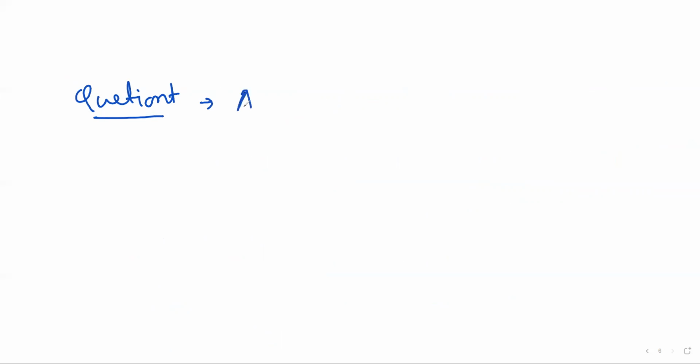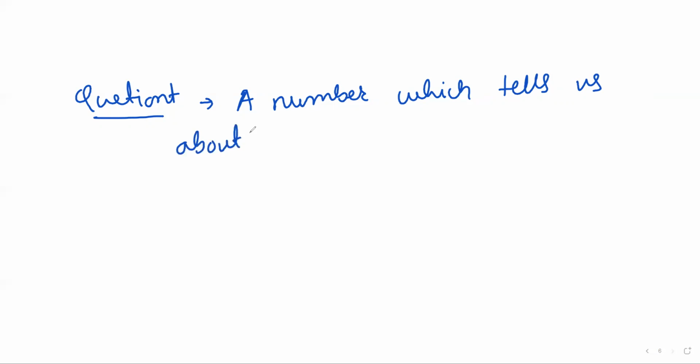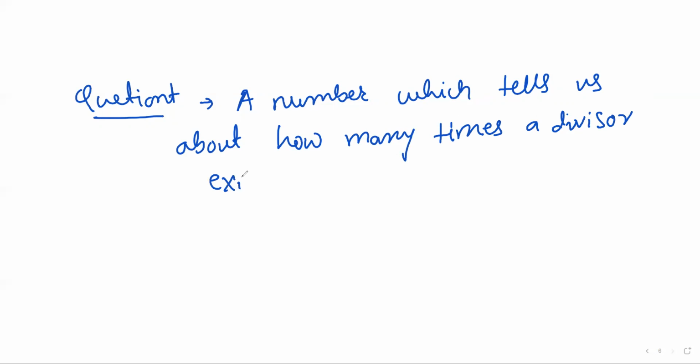Quotient means a number which tells us about how many times a divisor exists in dividend.